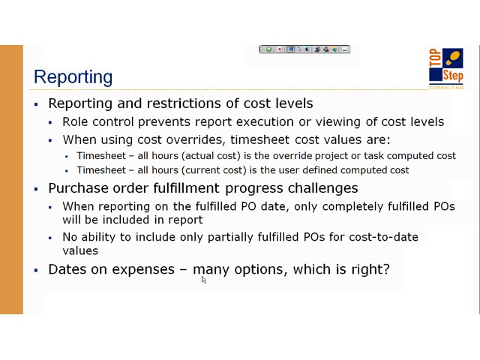If you're using a full purchase order and you're fulfilling it along the way, when you go to run a profitability report against that project, for example, the interim fulfillments will not show up on the report, no matter what date value you pick. Only completely fulfilled POs will show up as cost against the project. That is a known issue with OpenAir, and they are working to resolve it.